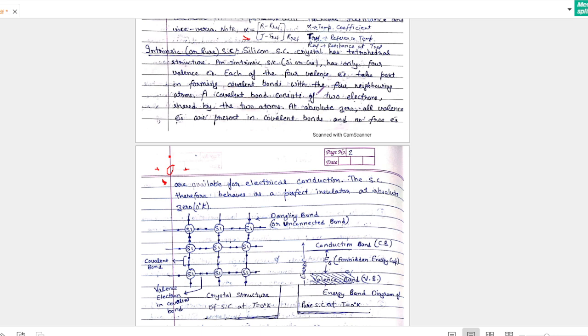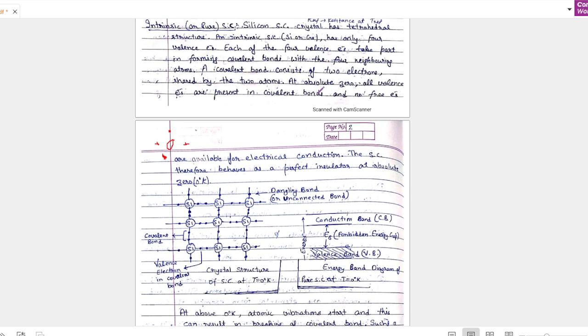At absolute zero, all valence electrons are present in covalent bonds and no free electrons are available for electrical conduction. That means at zero temperature, no electron will move, all are bound in their covalent bonds, and no conduction is possible even in semiconductors.